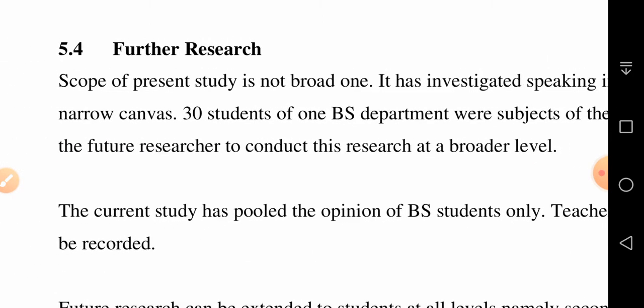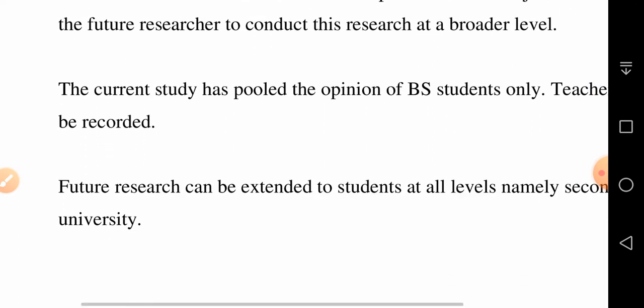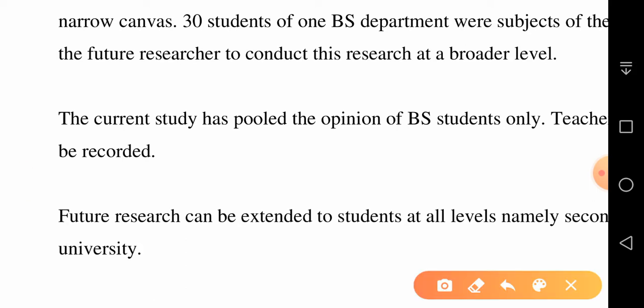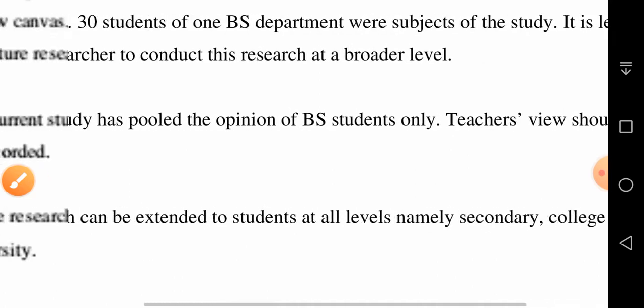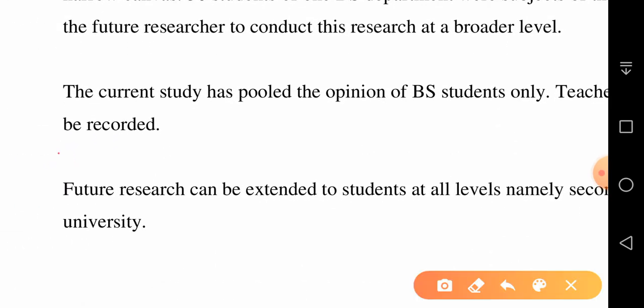That is, students from a district, a division, or a province should be selected as participants. The current study has pooled the opinion of BS students only. Teachers' views should also be recorded, and this is an area left unexplored. So a future researcher can investigate this area as well.